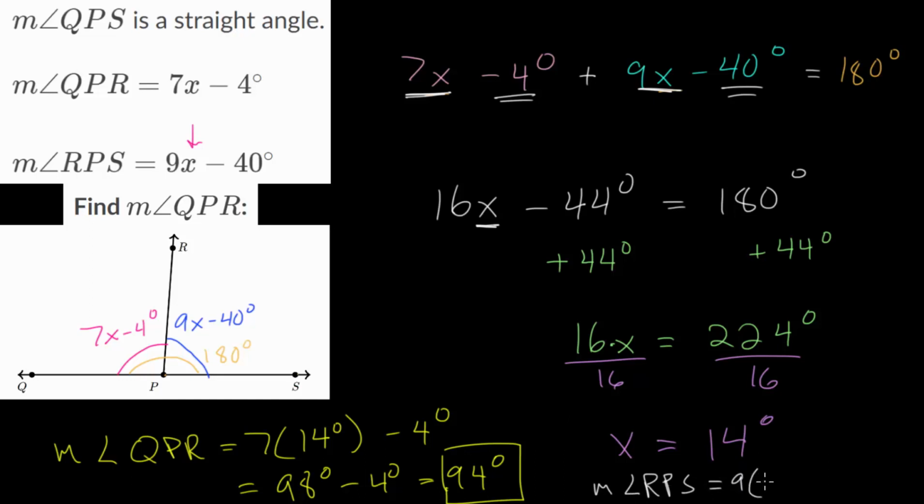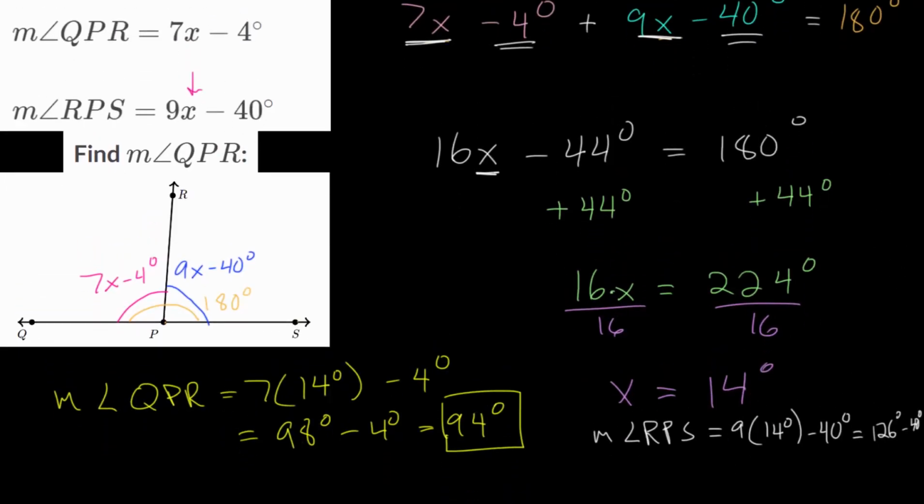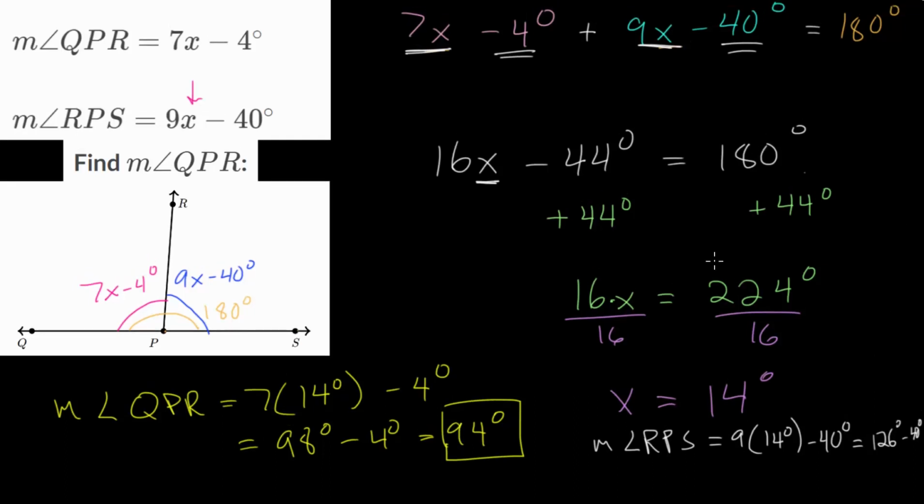We have 9 multiplied by 14 degrees, and we'll take away 40 from that. 9 times 14, that's 90 plus 36, which is 126. And we're subtracting 40 from that. And 126 minus 40 would be 86.